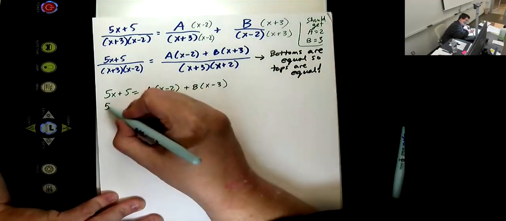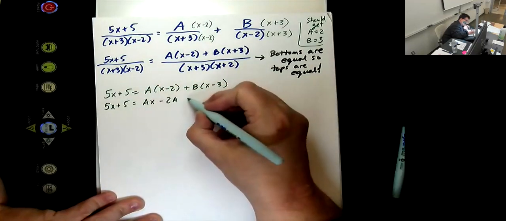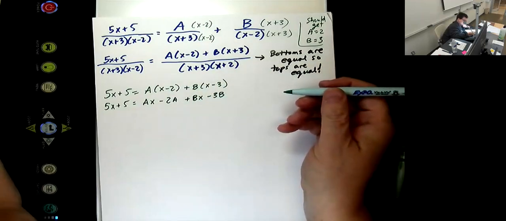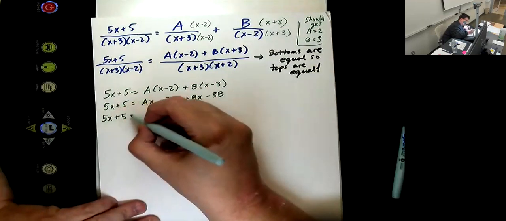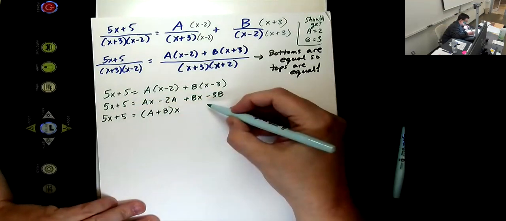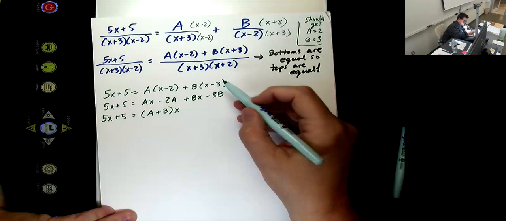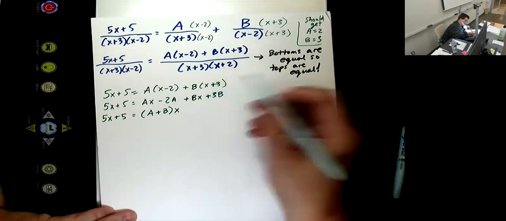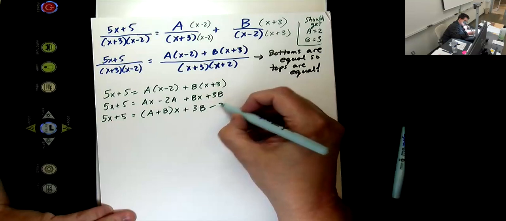And I'll distribute that: Ax minus 2A plus Bx plus 3B. Then I'm going to group the x's together. I have A plus B times x, plus 3B minus 2A.